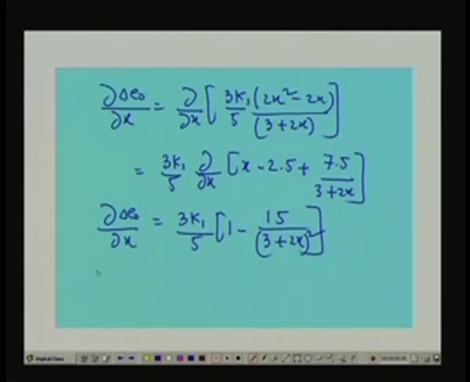Therefore, for maximum value of delta E naught, we will get 3 plus 2x whole square equal to 15. If I take a new page, that means x is equal to root 15 minus 3 by 2, which is equal to 0.436.